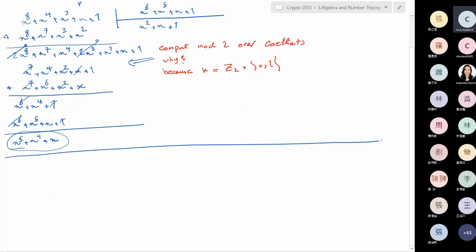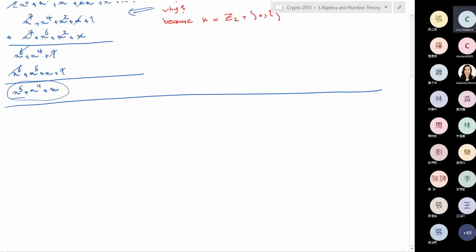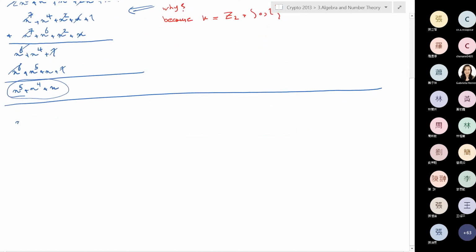So this one was operation number 1. For the second operation, I have to do x6 plus x5 plus x plus 1. I have to divide this one by the remainder, x5 plus x4 plus x.